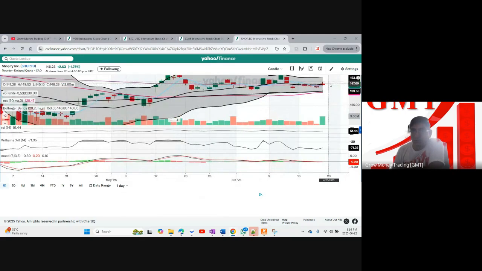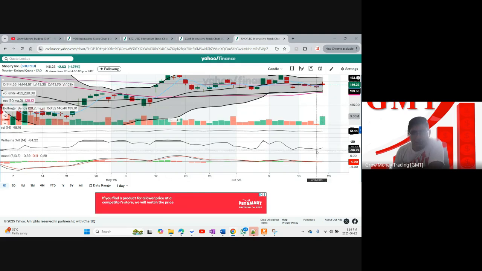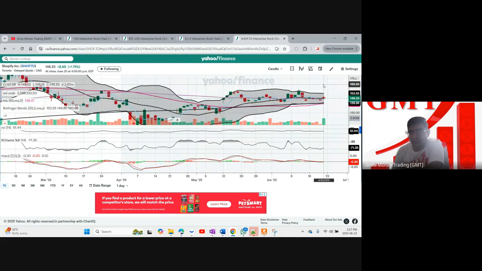It has formed a red candle at the mid Bollinger Band. The only positive thing is that the volume was green and Williams R had turned up. Williams R turned up because it had a gap up opening and then some sell off.